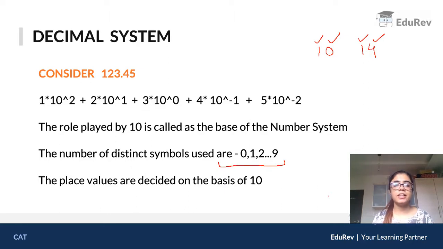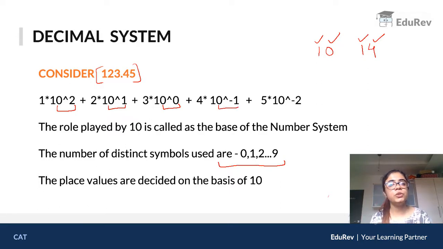Now let's consider an example, 123.45. Now can I break this number as 1 into 10 square? So that is 1 into 100, then 2 into 10 raised to 1, because see, 1 is at the hundreds place, 2 is at the tens place. Now 3 into 10 raised to 0 because 3 is at the units place.